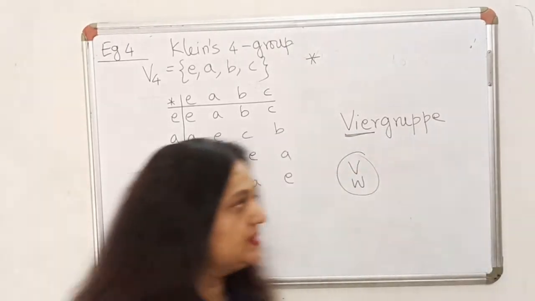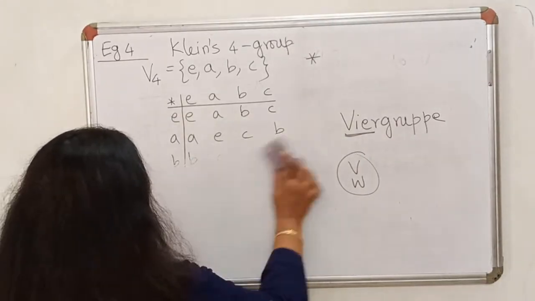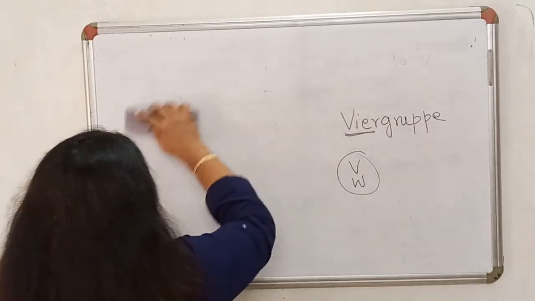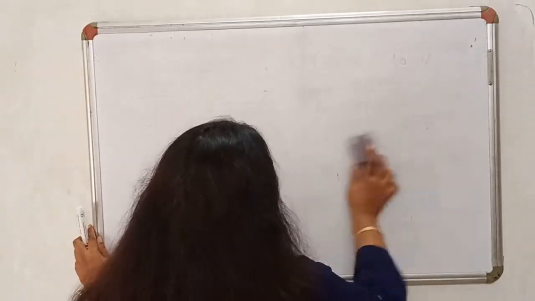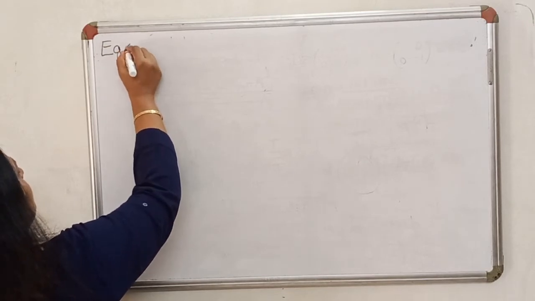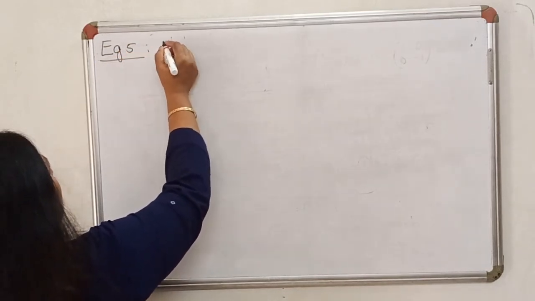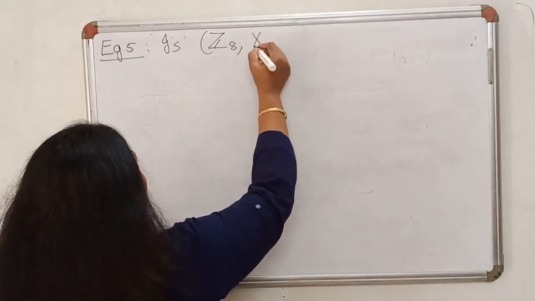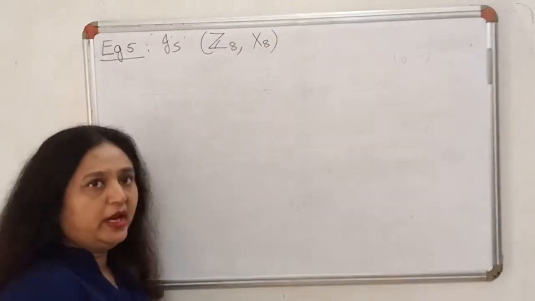There's one more example that I would like to do here. Look at Z8 with respect to multiplication modulo 8.